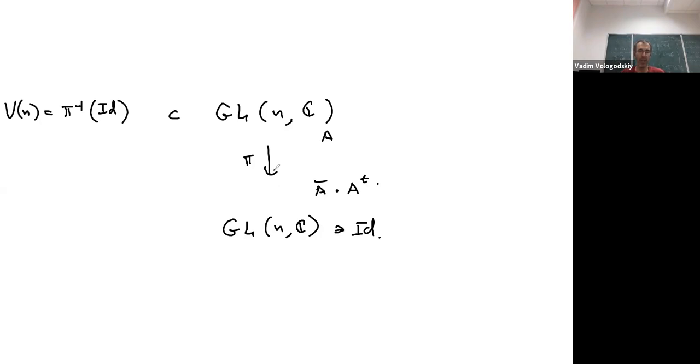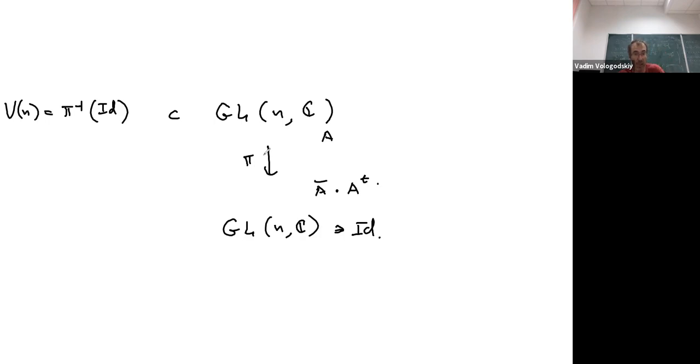Indeed, it would be stupid to expect this because these two spaces are the same. So saying that the derivative of pi is surjective is equivalent to saying that it's an isomorphism. But this map has positive dimensional fibers.